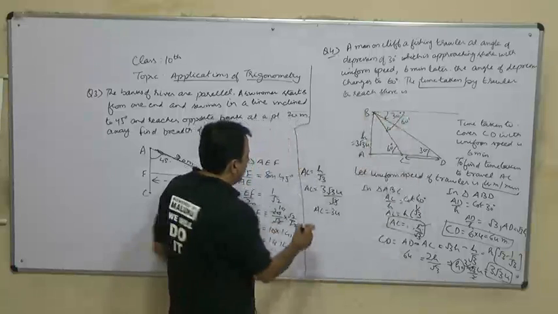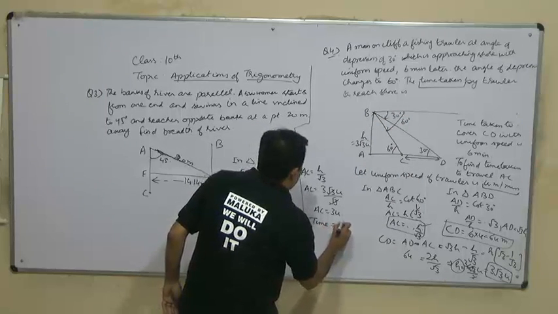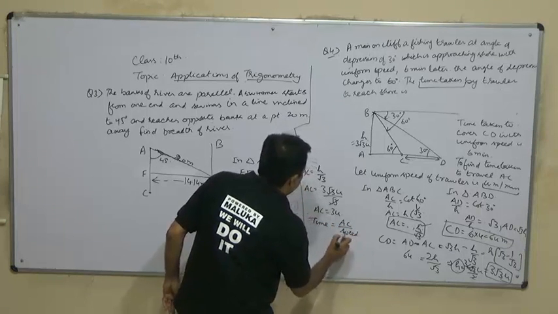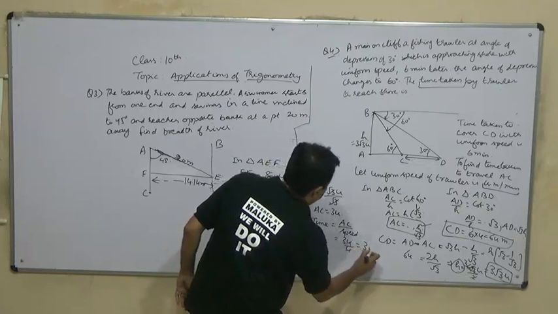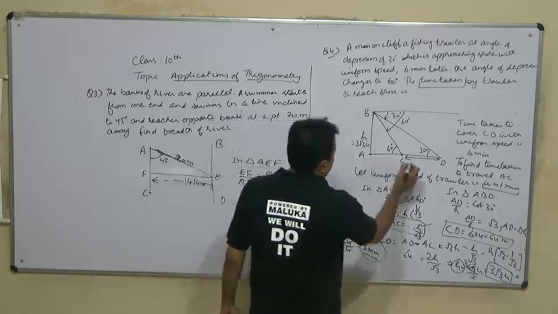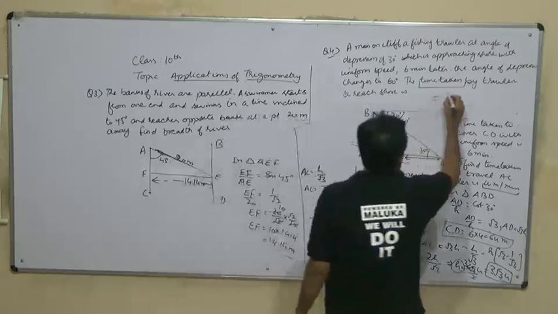Time is equal to distance upon speed, 3u upon u, which is 3 minutes. So it will take 3 minutes to reach. So the answer is 3 minutes.